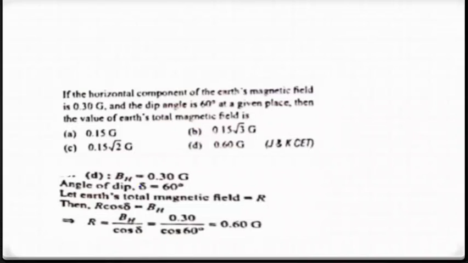We know that the horizontal component is the product of B and cos theta, where B is the net magnetic field and theta is the dip angle. So 0.30 equals B into cos 60. From this, B equals 0.3 by cos 60, which we get as 0.60 G.